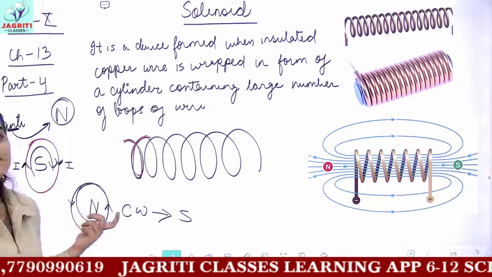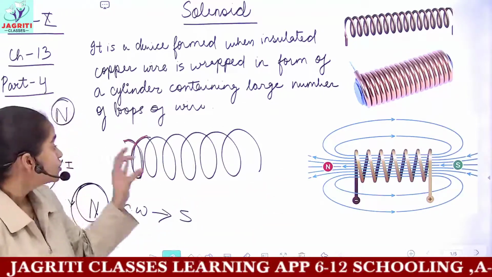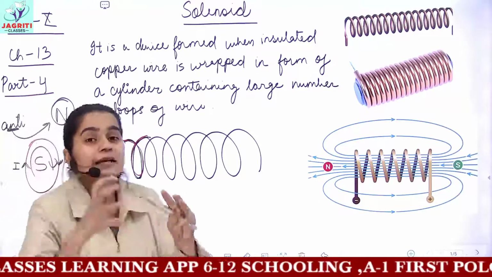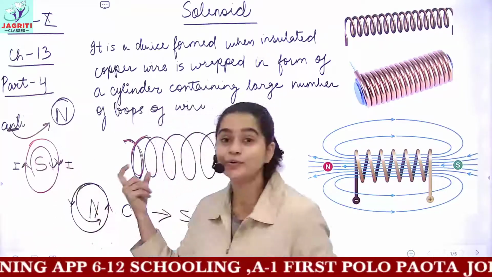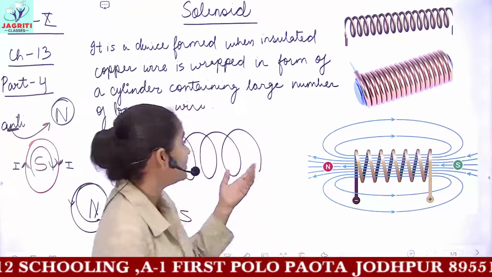If this concept is clear, then you can easily understand the concept of solenoid. A solenoid is what we get when we combine many such circular loops one after the other. The magnetic fields of all these circular loops also combine, that is, we add up the total magnetic field.